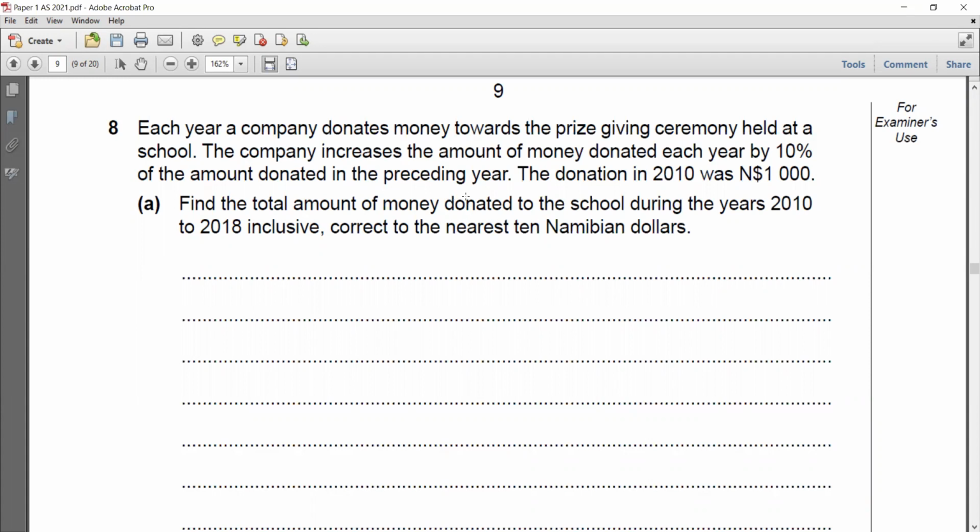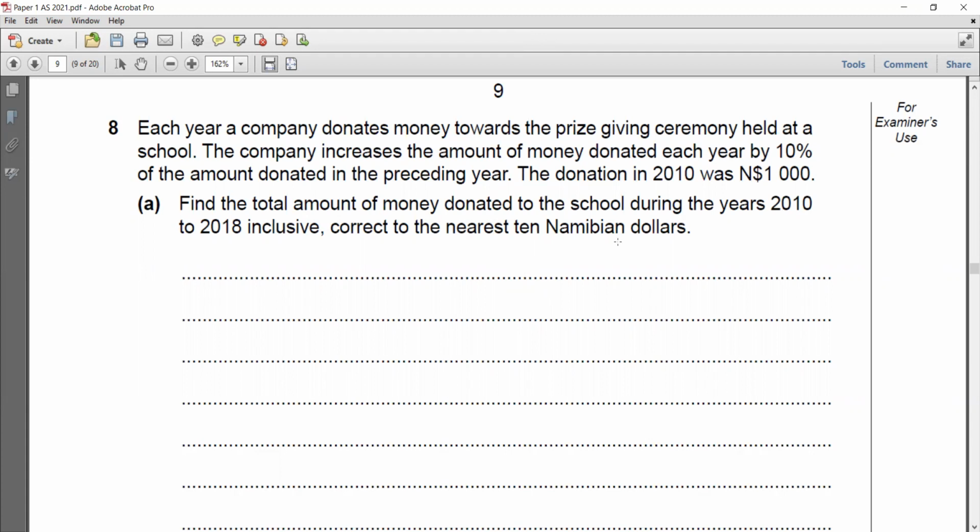Okay, we just want to find the total amount that was donated to the nearest 10 Namibian dollars.